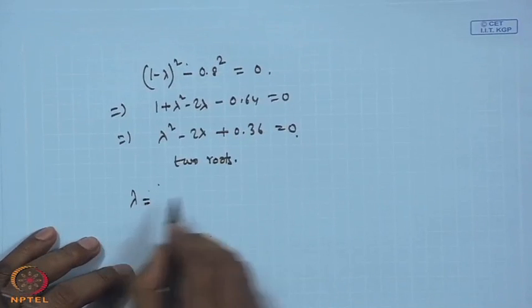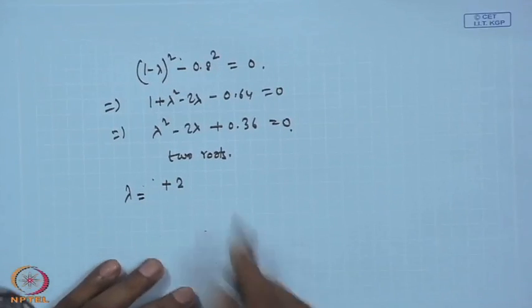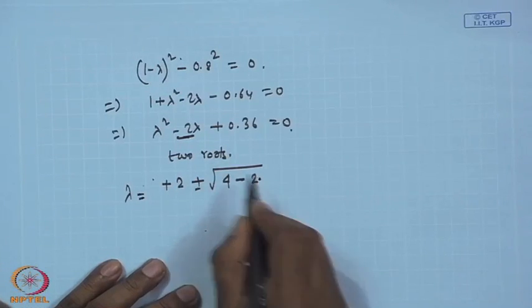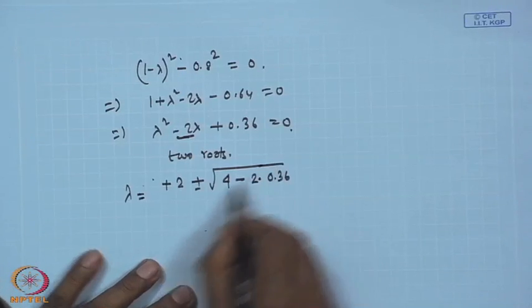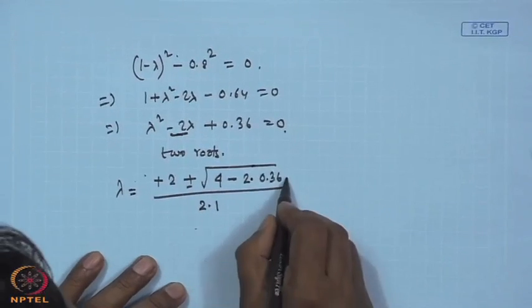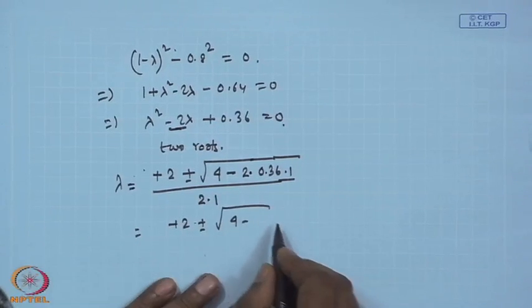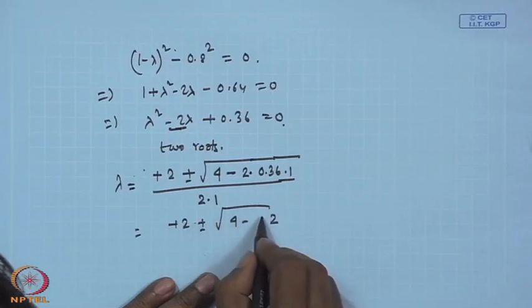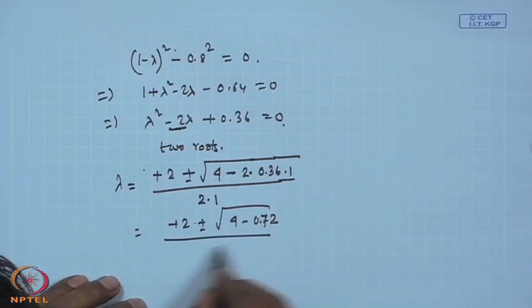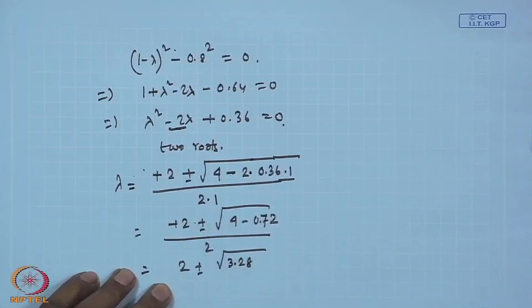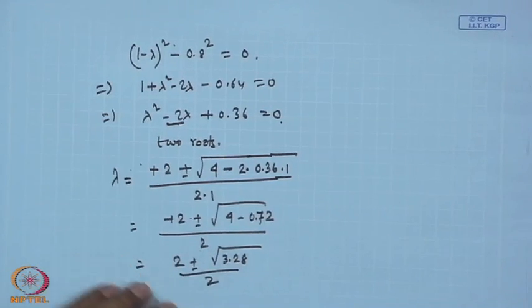Lambda will be minus b, that is plus 2, plus minus root over b square, that is 4 minus 4 into 0.36, that is 4 minus 1.44, divided by 2 into 1.